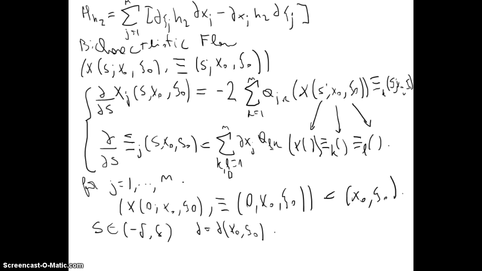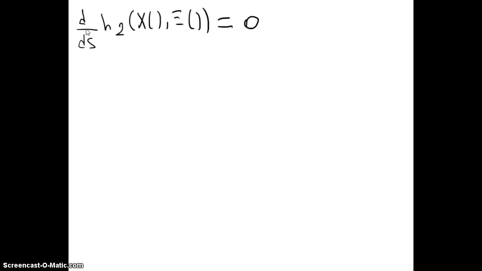Okay, the bicharacteristic flow preserves H2, that is, when you differentiate, d/ds of H2(X, capital Psi) is going to be equal to 0. That is to preserve H2.